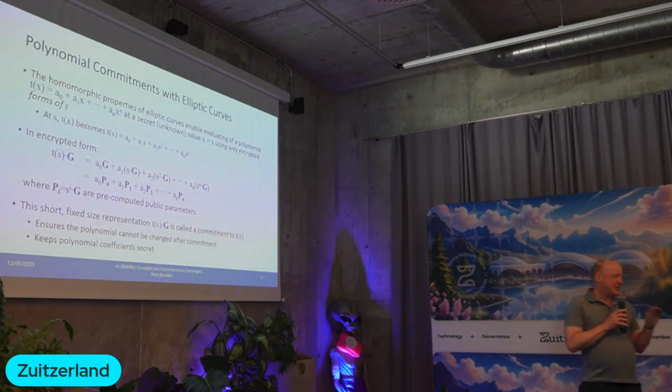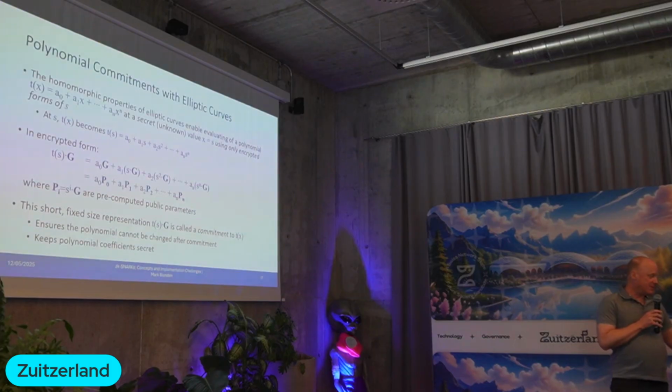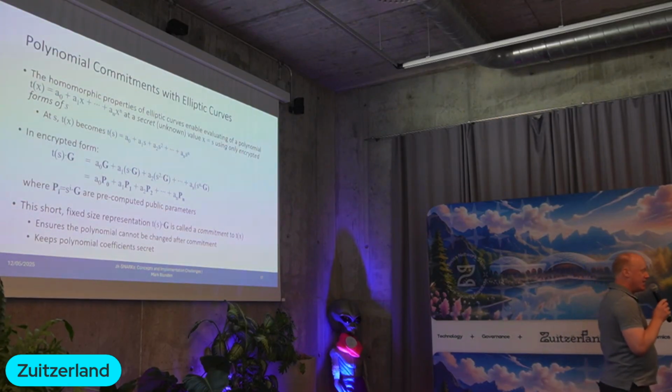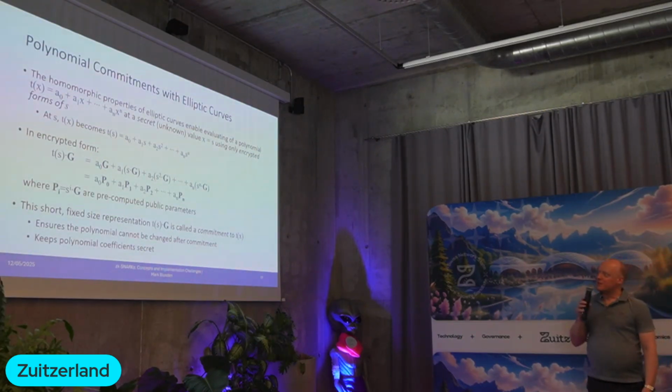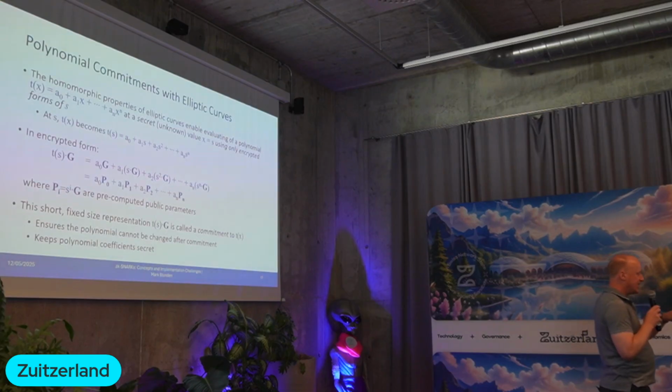So what we can do with elliptic curves is we can take a polynomial that represents the information used by the SNARK, the polynomial T of x, and we can evaluate that at some secret unknown value s using only encrypted forms of s. So if you take the polynomial T of x, evaluated at x equals s, that becomes a0 plus a1 times s plus a2 times s squared and so on.